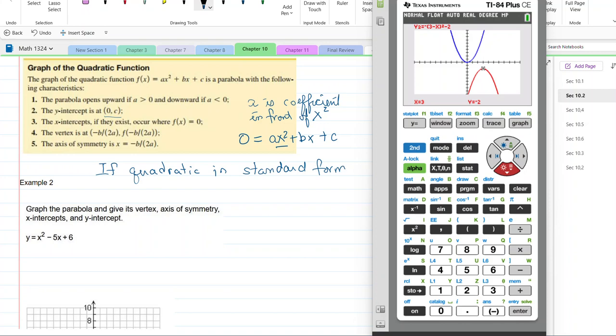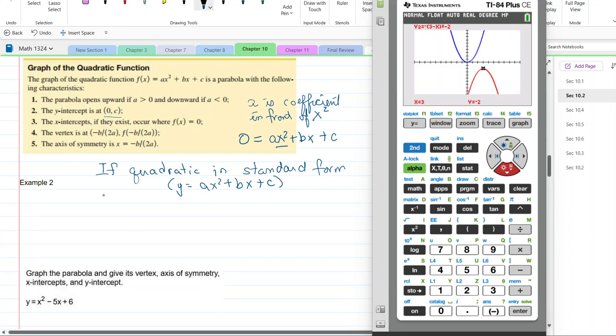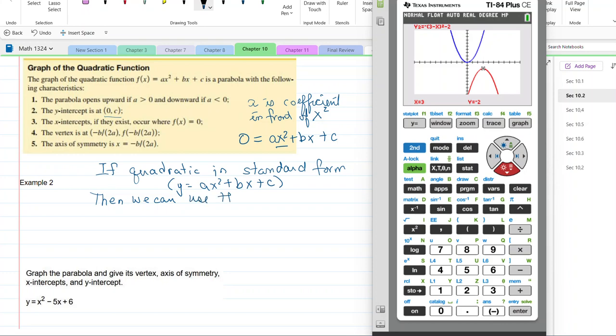and that means that it is in y equals ax squared plus bx plus c, then we can use the numbers to calculate the vertex without completing the square, without additional math work.